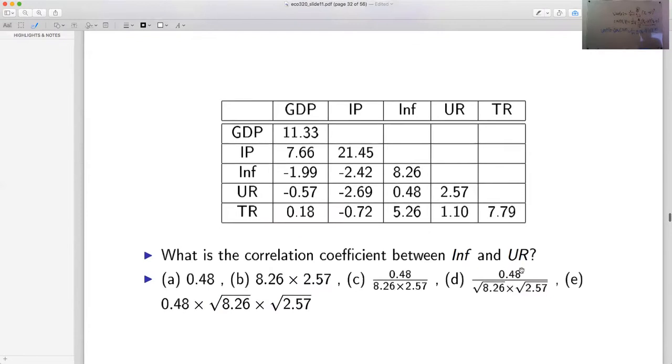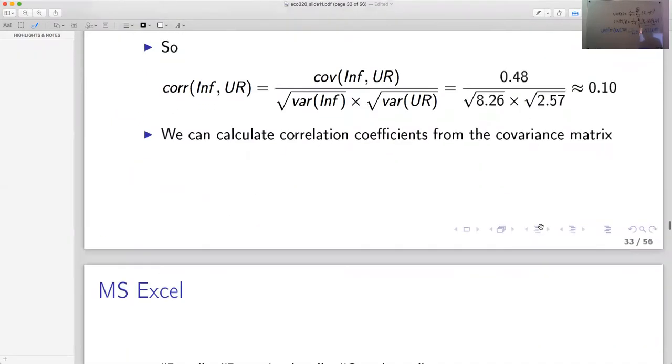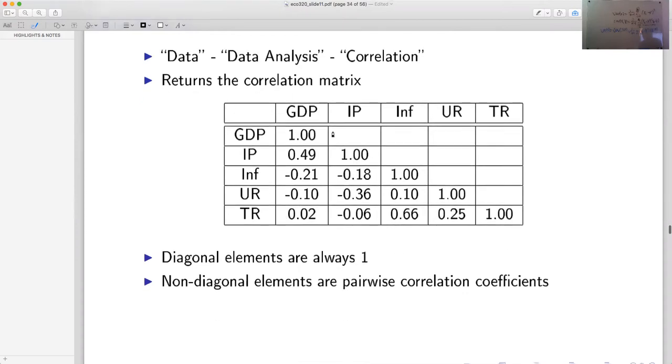So without using a calculator, based on this covariance table, you can get your correlation table like this. This is the previously used covariance. Now it's going to be correlation. So these are the correlation matrices. Of course, the correlation between GDP and GDP would be 1, and IP would be 1, etc. So now the magnitude doesn't matter.